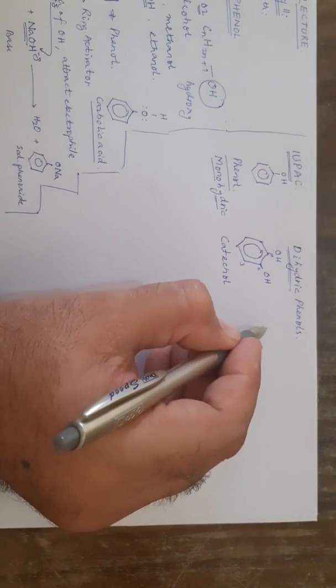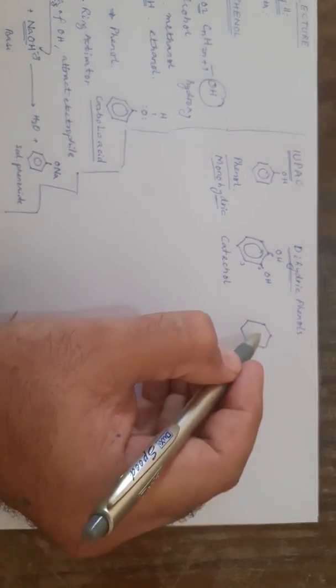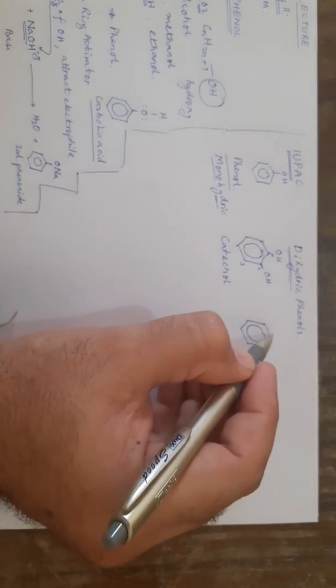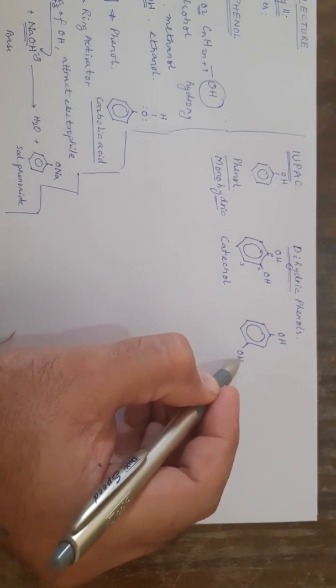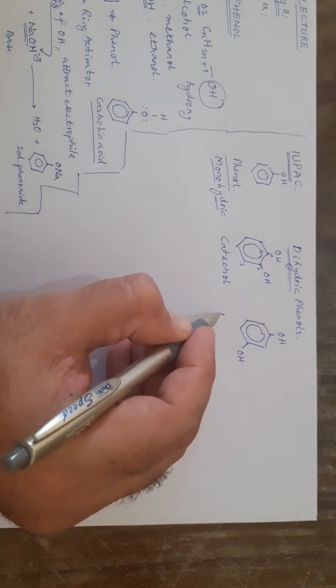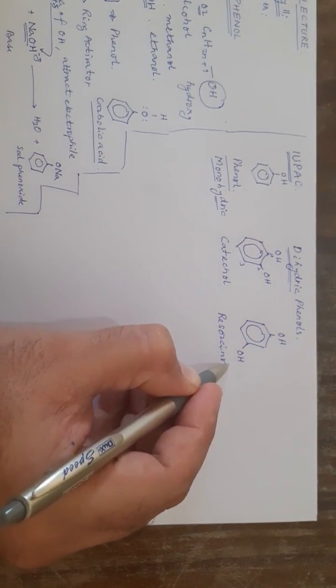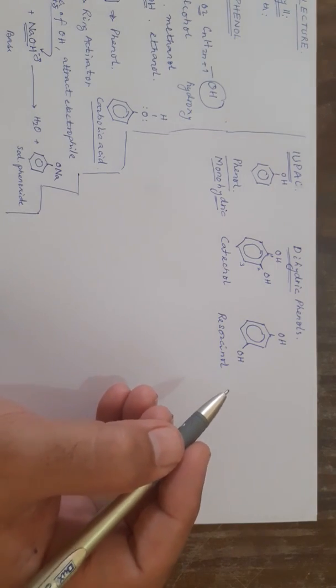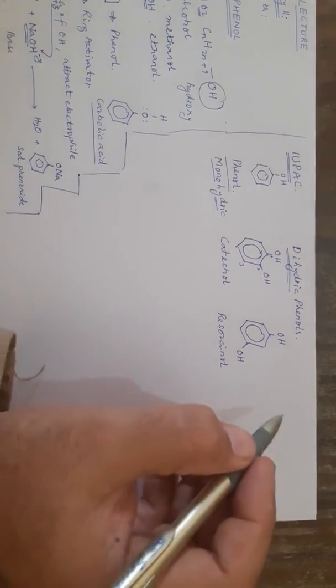If it's on 3, this is the cyclohexane. Now this is benzene, and there's a phenol, and that is our second OH on the meta position. This is called resorcinol. In this case, the second OH is present on position number 3.